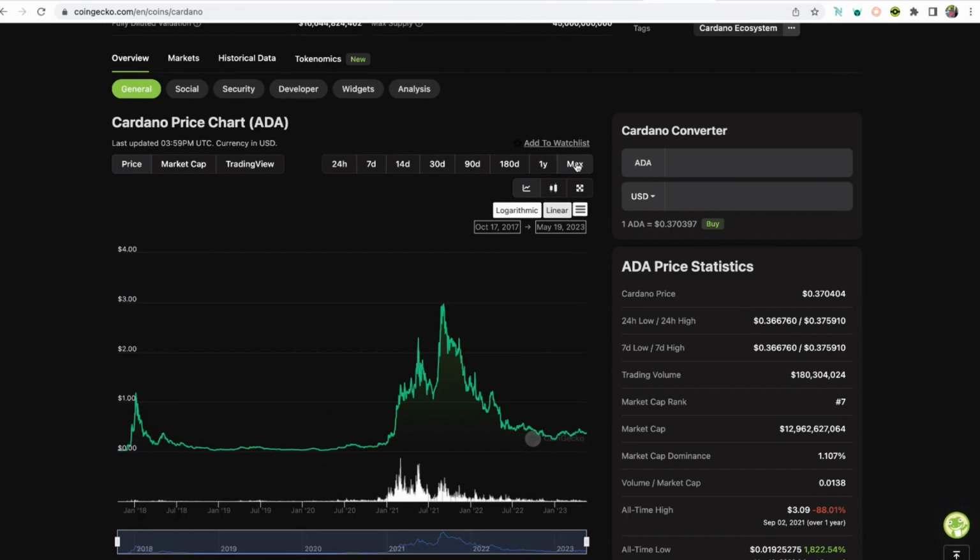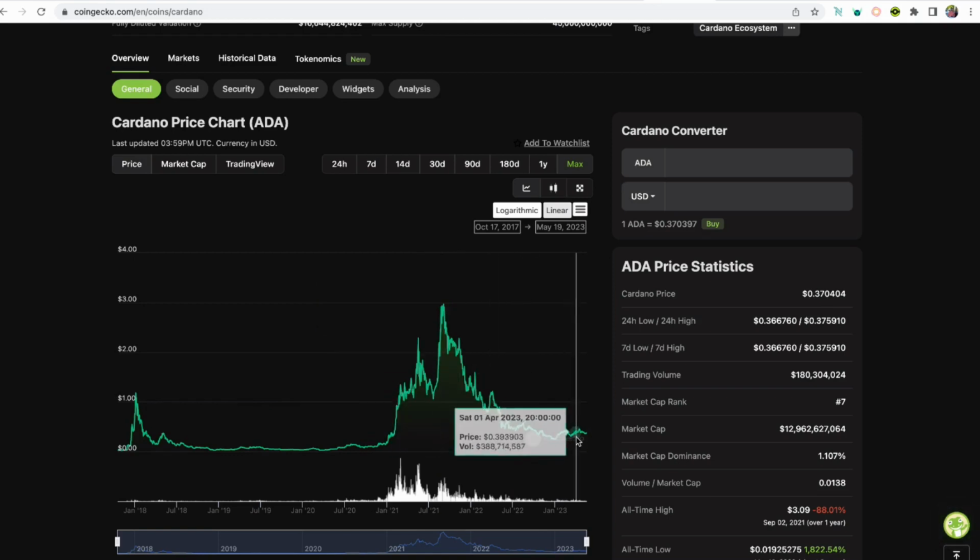Let's look at the max. I like doing the maximum because it shows all the data since back when the trackers began to aggregate the data. So it tells you, like, all-time price high was around the $3 mark back in 2021.